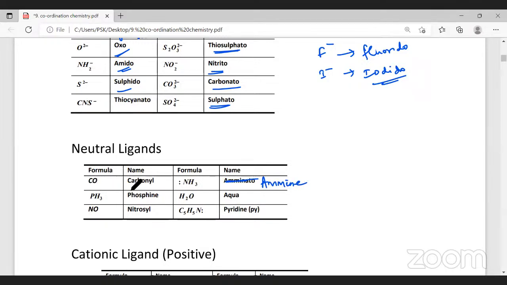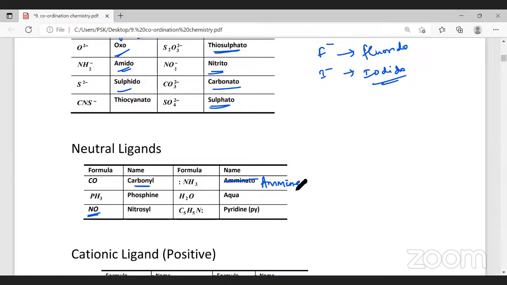Carbon monoxide is a monodentate ligand called carbonyl. Phosphine, PH3, is a monodentate neutral ligand with the same name. NO is not called nitric oxide, it's called nitrosyl. And ammonia is called ammine.